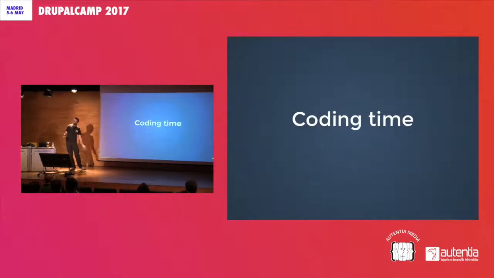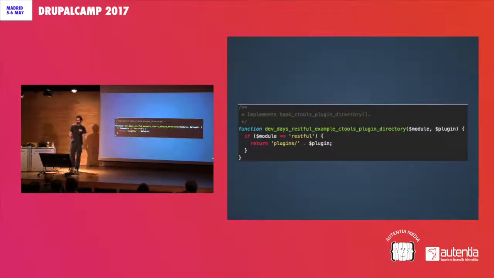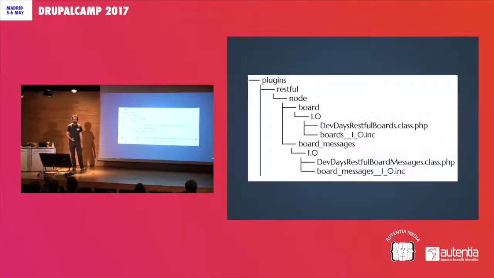So let's see some code. The Restful module uses ctools, so every endpoint is a ctools plugin. The first thing you have to do when you write a ctools plugin is to write this hook, ctools plugin directory, where you specify where all the code is located. That's it. This is more or less the structure your module will have.